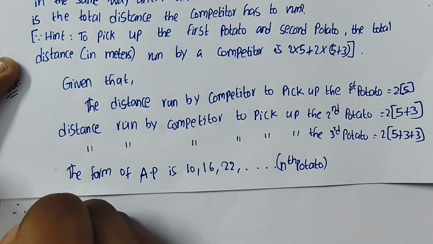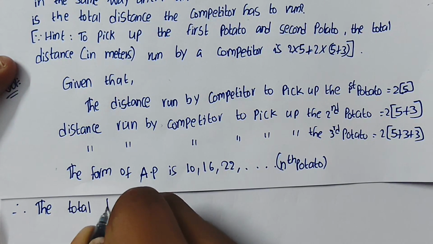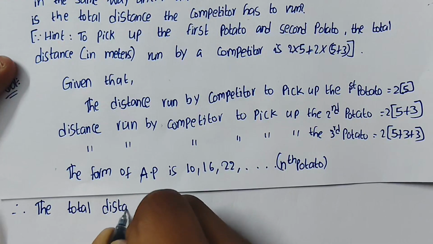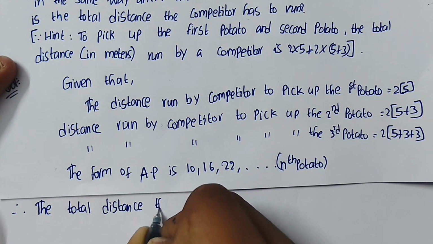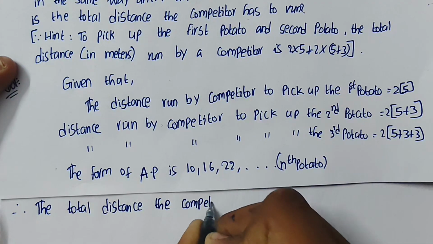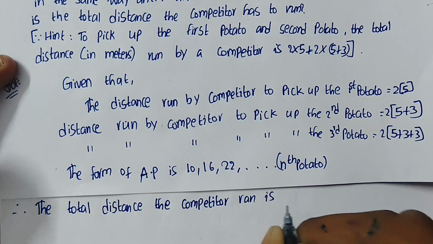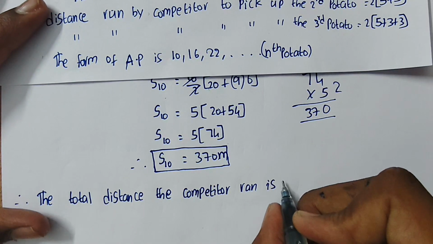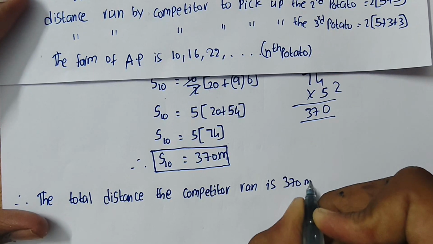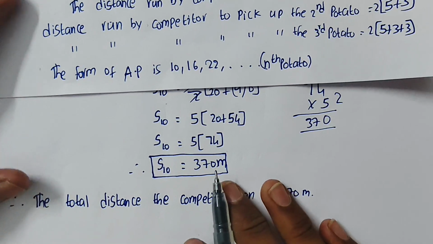The total distance the competitor ran is how many meters? 370 meters. The total distance ran by the competitor is 370 meters.